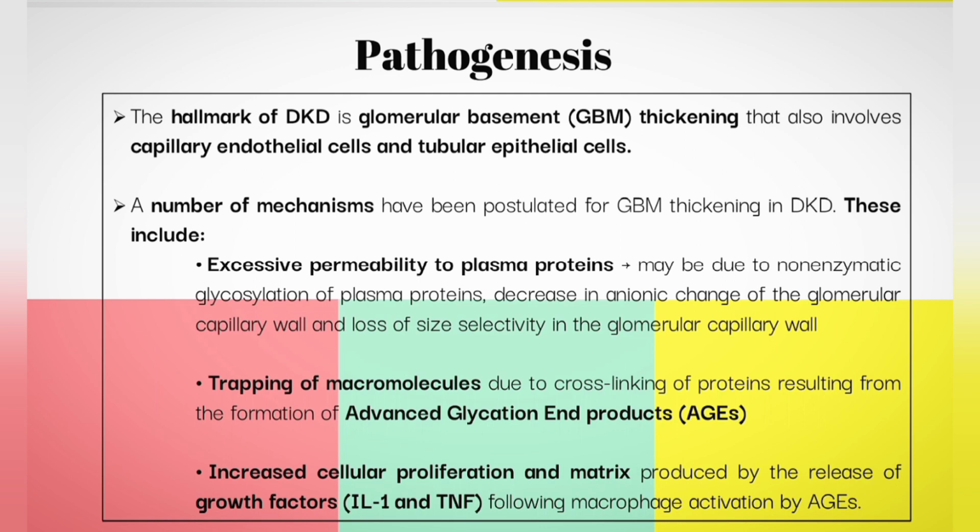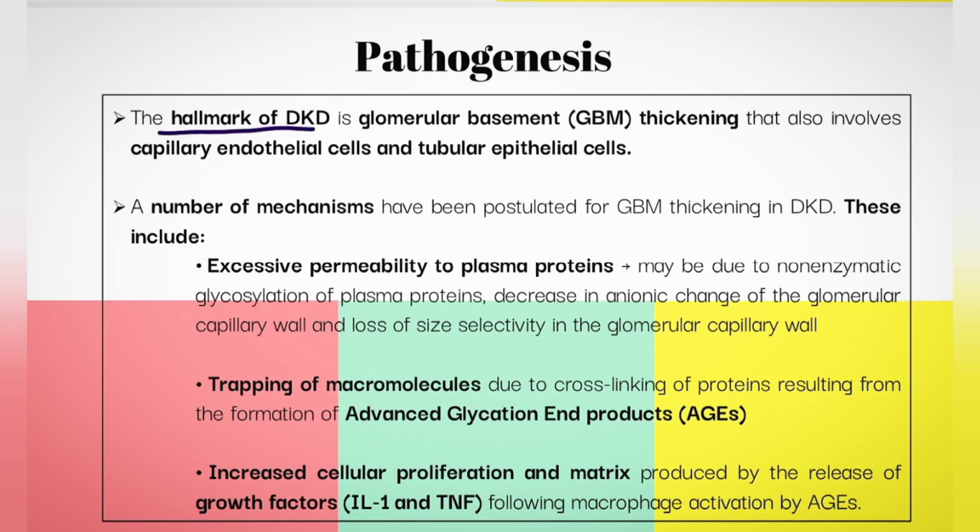The hallmark of diabetic kidney disease is glomerular basement membrane thickening, and it also involves the capillary endothelial cells as well as tubular epithelial cells. There are various mechanisms of thickening of the glomerular basement membrane.